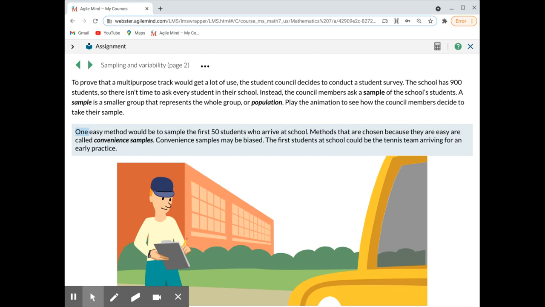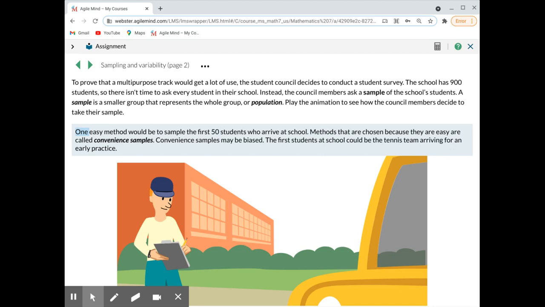One easy method would be to sample the first 50 students who arrive at a school. Methods chosen because they are easy are called convenient samples. Convenient samples may be biased. The first students at school would be the tennis team arriving for early practice.